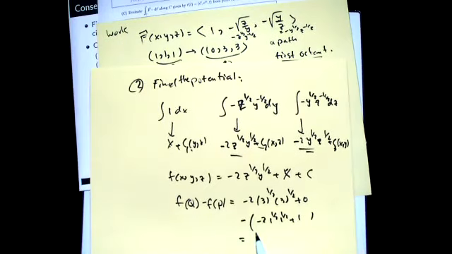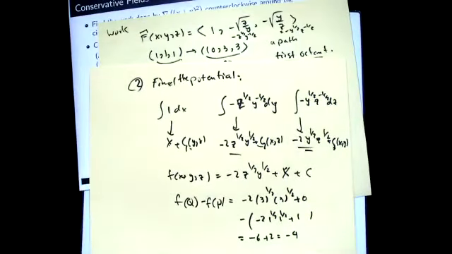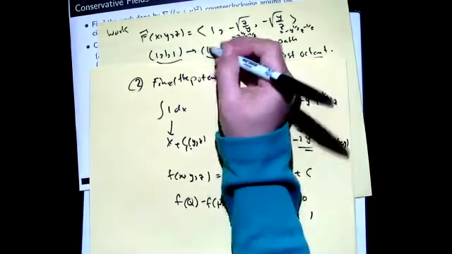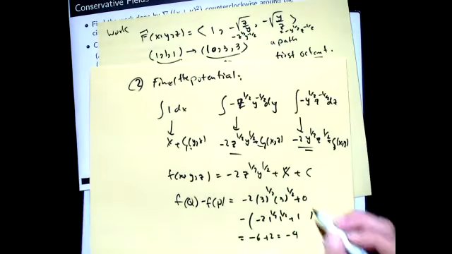So this is going to be negative 6 plus 2. Did I do it right? I think I did it right. No, I didn't. Oh, there was a 10, not 1. This is 10, not 0. Okay, there we go, 10.